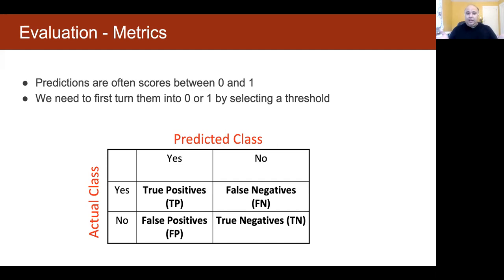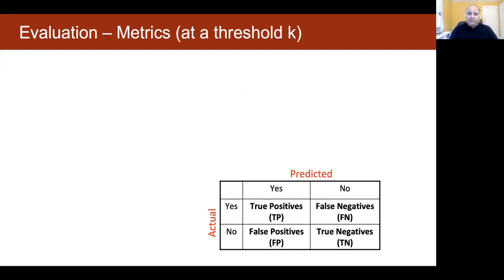Once we have this confusion matrix, we can calculate a variety of evaluation metrics based on it. So here's a laundry list. Accuracy is probably the one you have seen very often. Accuracy is fairly simple, but also not very useful.